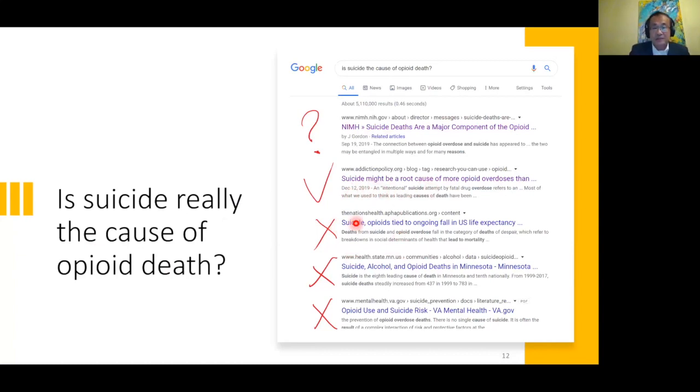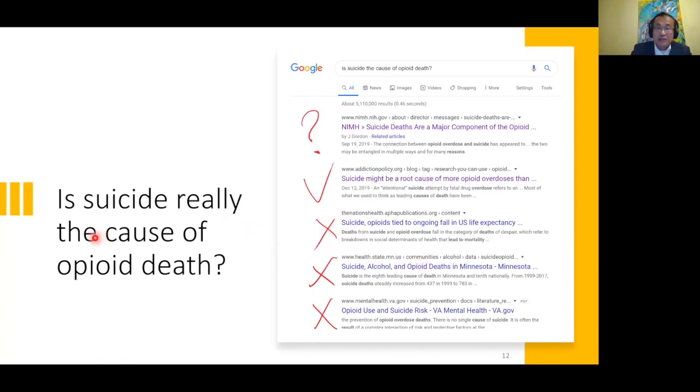It's actually not even correlations. It's just that suicide is one of the factors that reduce life expectancy. So those results are really not so much related to this question.